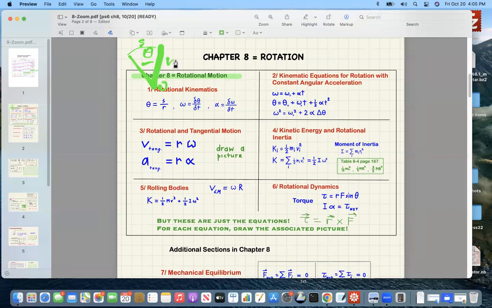The radius is the distance from the arc to the origin. Theta measured in radians is the arc length, so this length, divided by r, s over r. Now to convert from radians to degrees, you have to take the radians, divide by pi, multiply by 180.